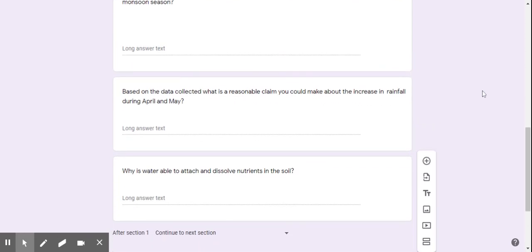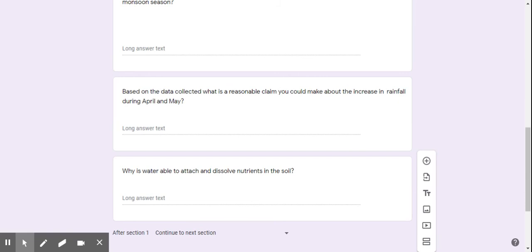And last one. Why is water able to attach and dissolve nutrients? Water has a couple of properties, but what I want you to remember is that water has a positive and a negative side. Because it has a positive and a negative side, it's able to attach to anything that also has a positive or a negative.